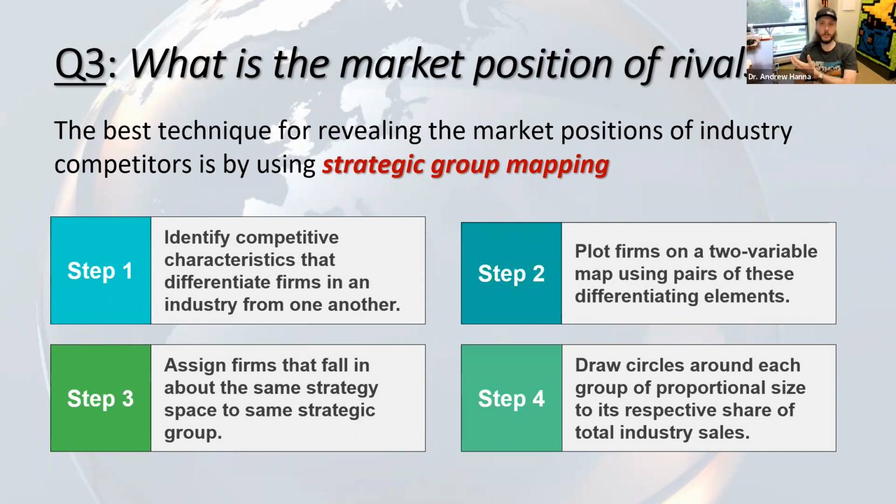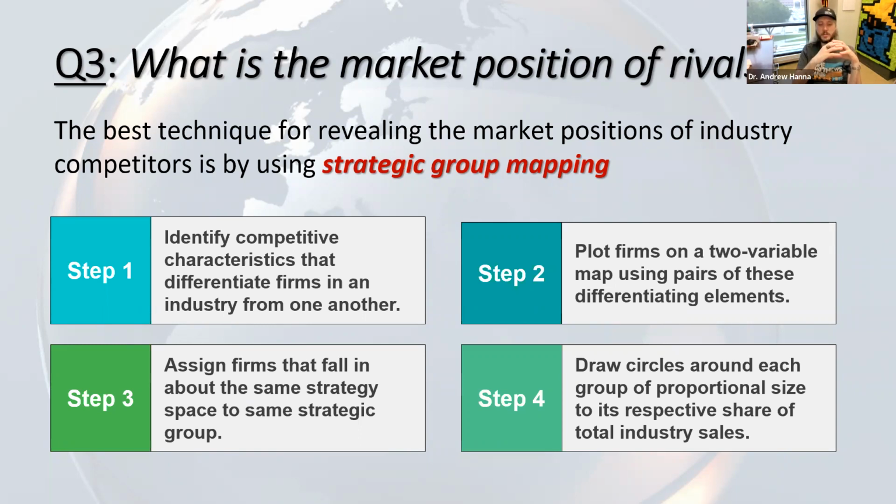So while our Porter's five forces and our industry reality is broad sweeping, and is the same for all of our competitors, everybody that operates within this industry, we do also take all of the individuals within the industry and start to create what we call strategic clusters.